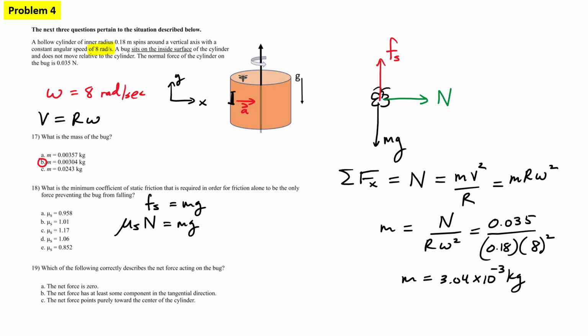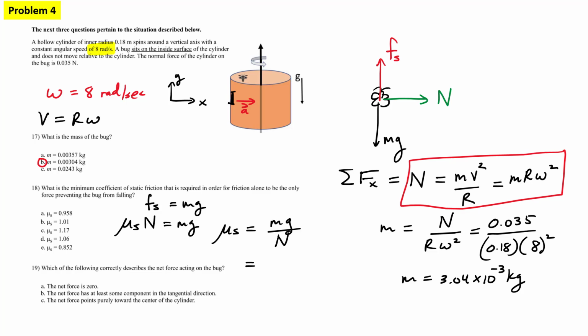Now, what do we know for the normal force? It's given by my expression right here, which we already know from the value. So you can manipulate this to find the coefficient of static friction. It's simply mg divided by the normal force, n.